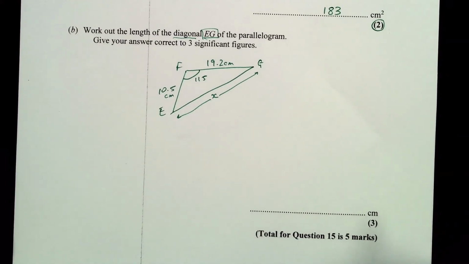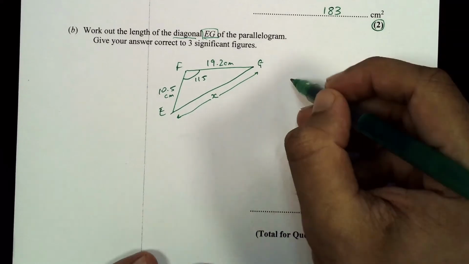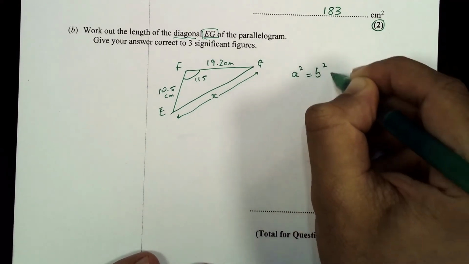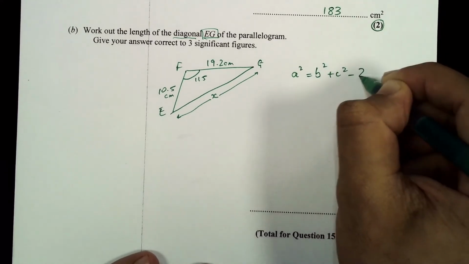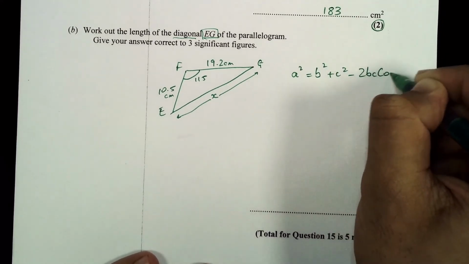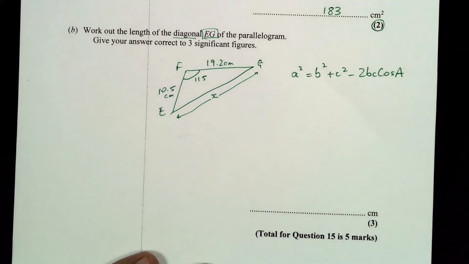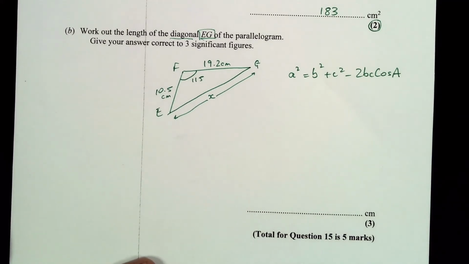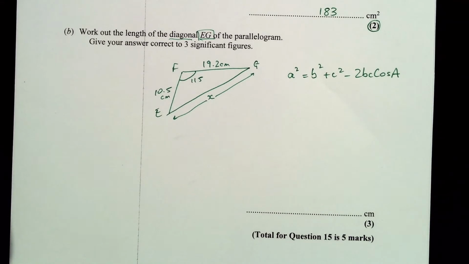Now, some of you will be familiar with this, some of you may not be, but the rule we're going to use here is called the cosine rule. And the cosine rule looks like this. It is a squared equals b squared plus c squared minus 2bc cos A. And that formula, usually you'll be given in the exam.